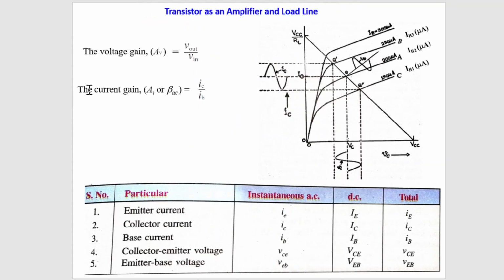So small v capital CE. That means what will be the voltage drop, the output voltage, when we have applied input AC signal. Okay, that is asked. So if you do the AC analysis, we know that, as I have defined, voltage gain AV is equal to V out upon V in.